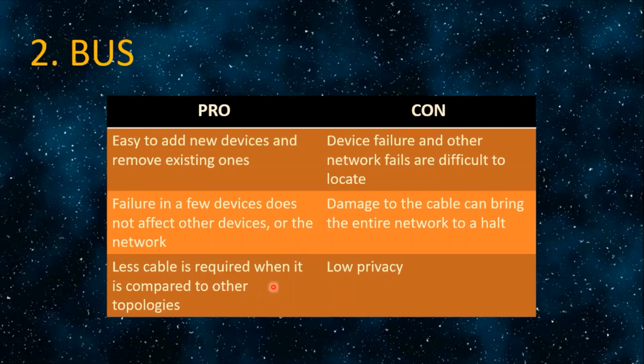When you look at other types of topologies, you use less cable. The cons are that device failure and other network fails are difficult to locate. Damage to the cable can bring the entire network to a halt, and you have low privacy because of the broadcasting.